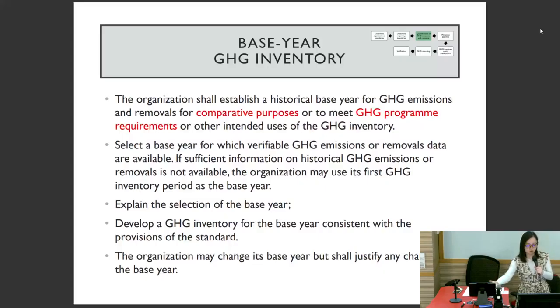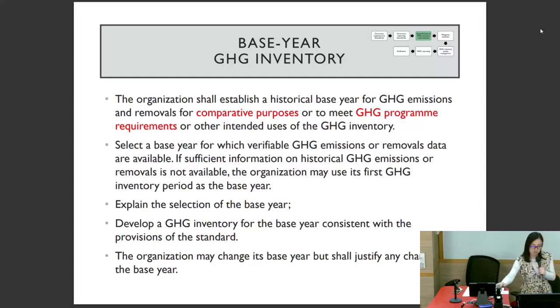And in the report, you have to explain why you select that year as the base year, and then develop a greenhouse gas inventory for the base year. It should be consistent with the provisions of the standard, and also a consistent approach should be used for the base year and the assessment years.